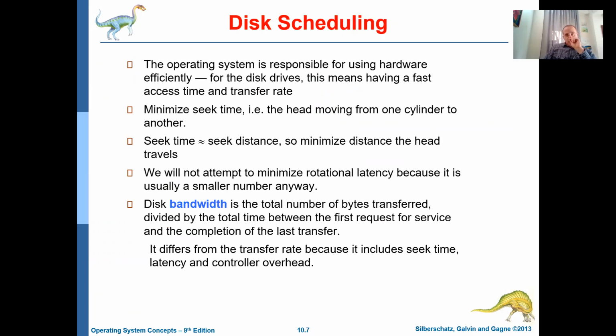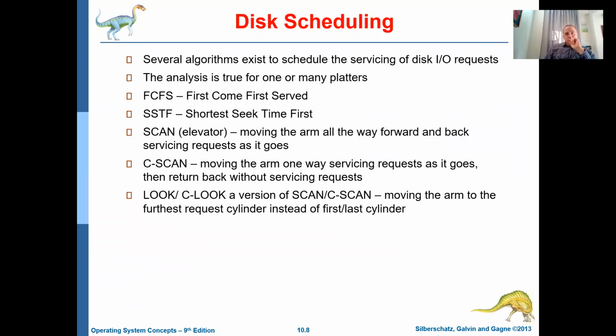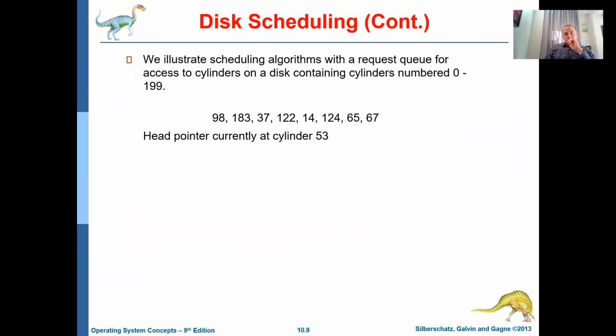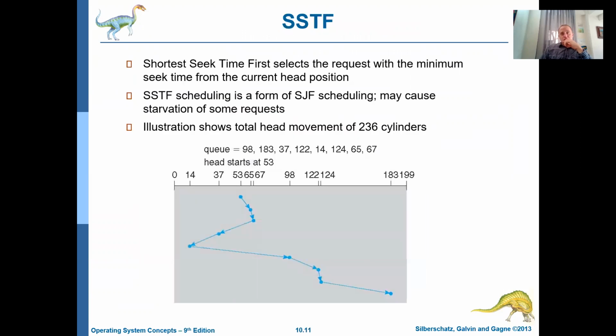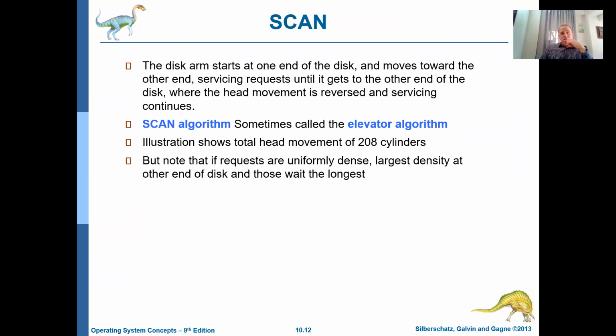Okay. Now this we talked about. These are the cylinders. These are talking about moving the head back and forth. We talked about these different methods. First come, first serve. Shortest seek time, moving the head forward and back first. Then we talked about the scan, also called the elevator, where I just go up, up, up, up, up.